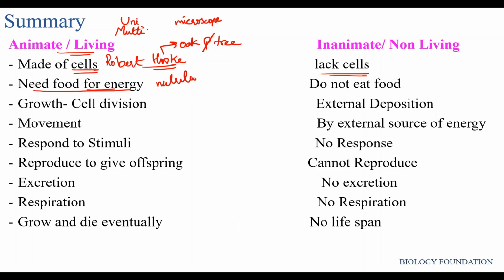That means we need food for our survival, where the food that we eat is digested, broken down into simple compounds to liberate energy, and this energy is utilized to perform various activities. But for pebbles, rocks, chairs, suitcase, there is no need of any food for their survival. So they do not eat any food.